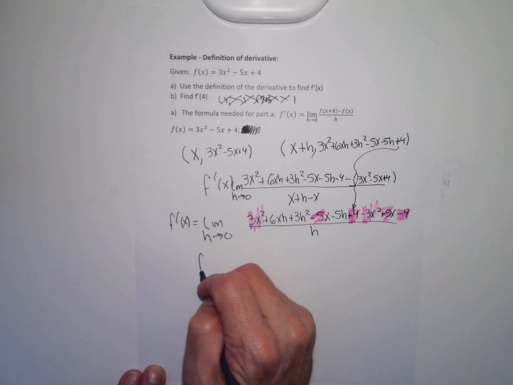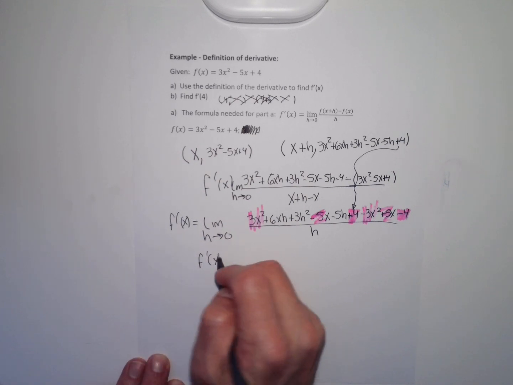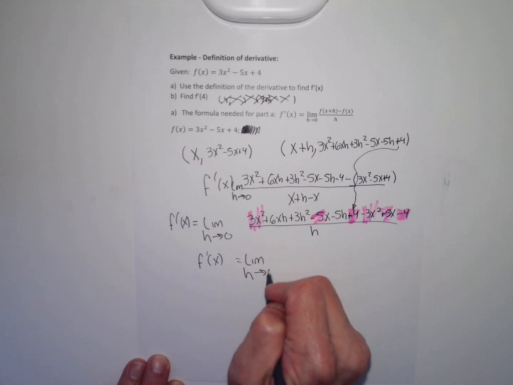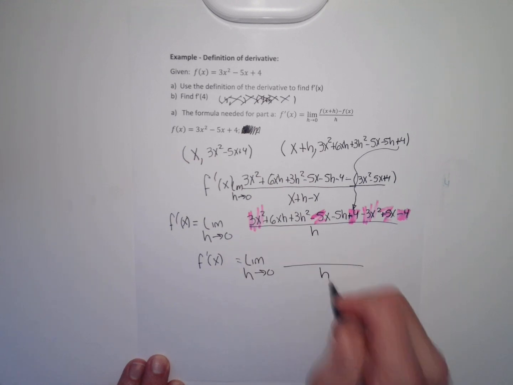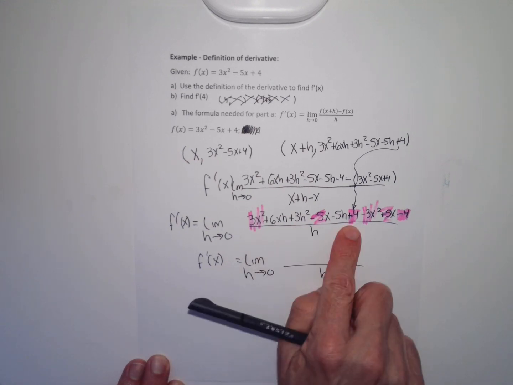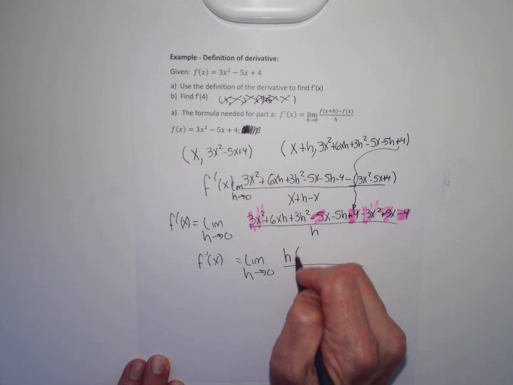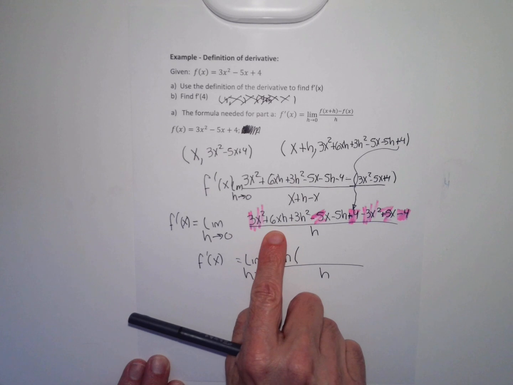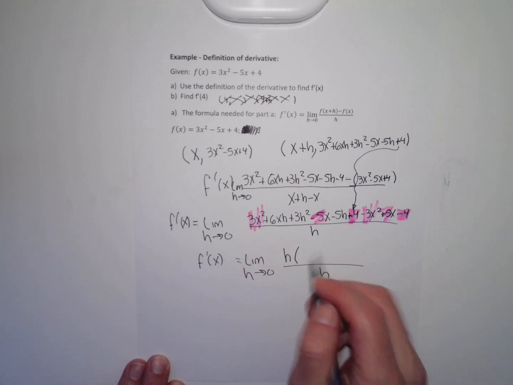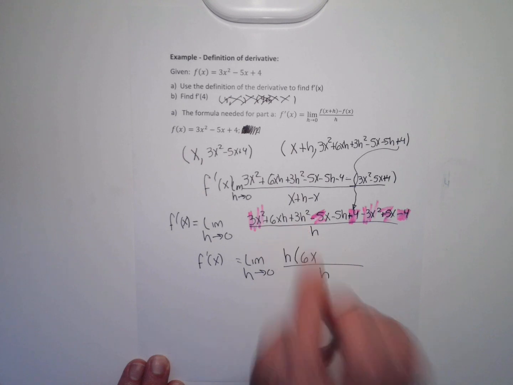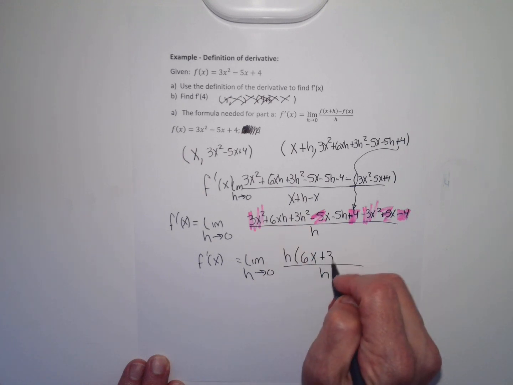So now I get f prime of x is the limit as h goes to 0. The denominator is just h, and each of the 3 terms left in the numerator has an h. I'm going to factor out an h to save some real estate. The 6xh becomes a 6x. The 3h squared becomes a 3h.